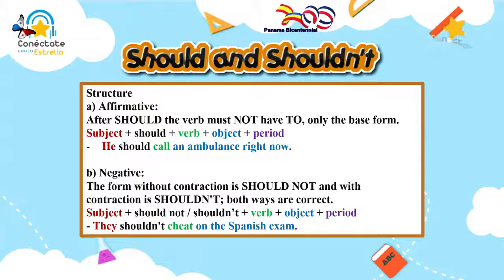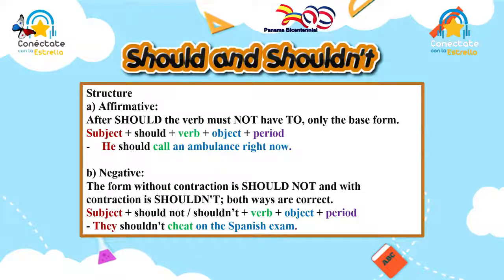We can have it in affirmative, negative, and also in question form, but today we will focus only on affirmative sentences and negative sentences. For affirmative sentences, we start with the subject plus the auxiliary, which this time is should, plus the main form of the verb, plus the object, plus the period.